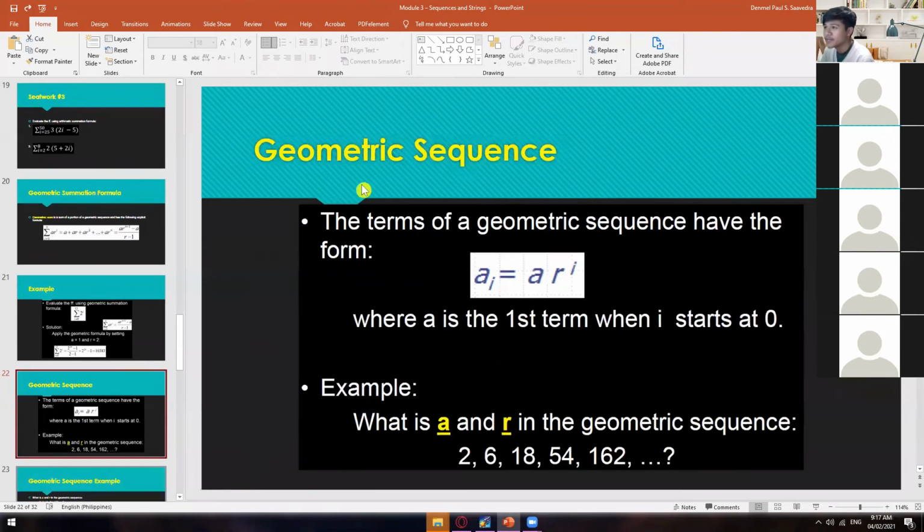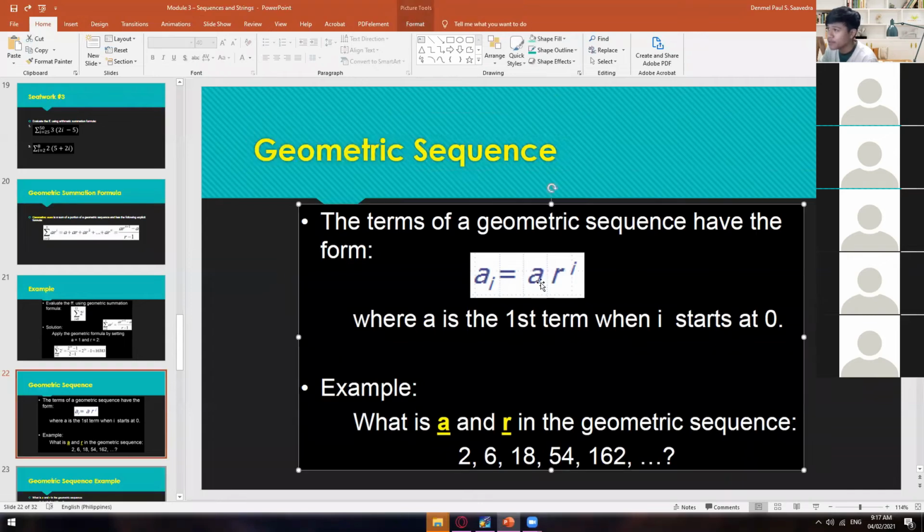All right. So we have this geometric sequence. So the terms of a geometric sequence have the form a sub i is equal to a times r raised to i. So for summation, we only have a sub i, or sometimes this is just only i. But in geometric, okay, we have this additional, or a revised version actually. So instead of a subscript, we have here a superscript or an exponent. And then we have an additional variable, r.